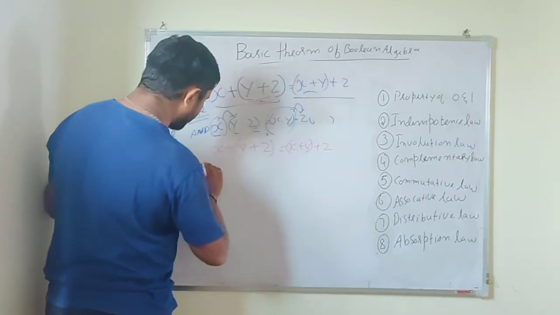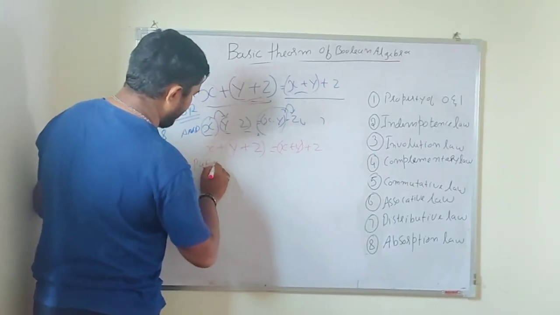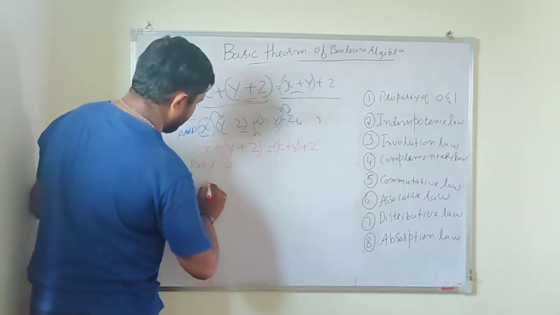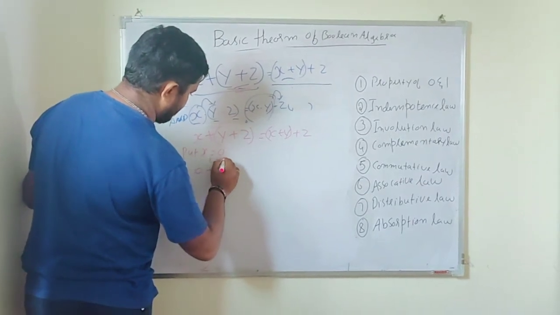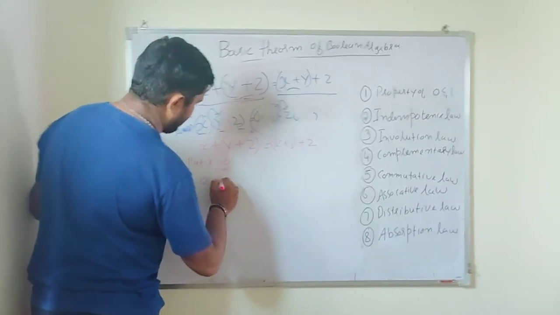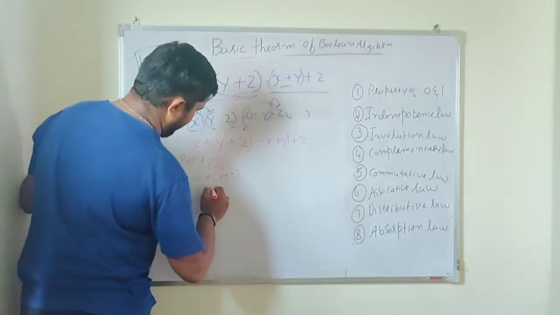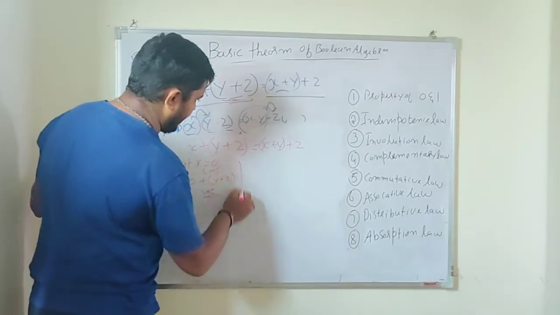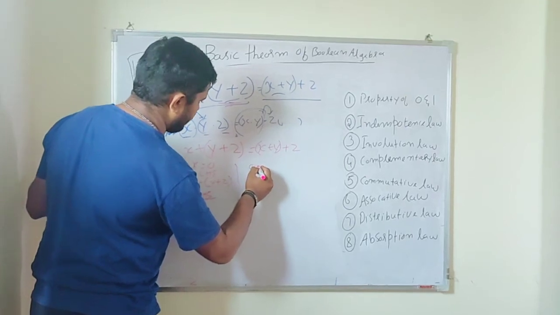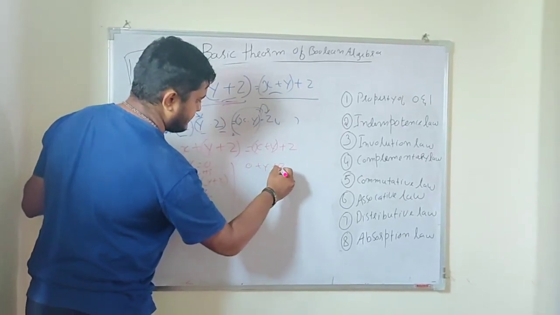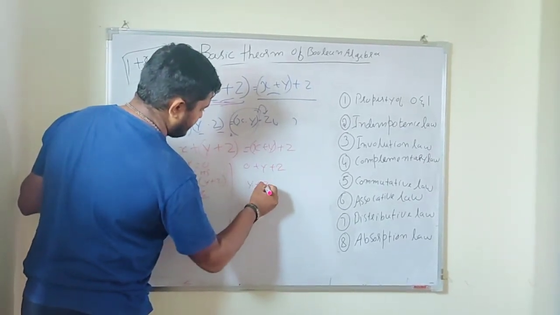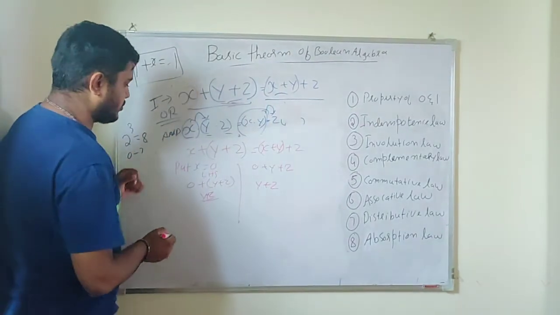So now put x is equal to 0. So 0 plus LHS. So 0 plus y plus z. So y plus z. Now RHS, put x is equal to 0 plus y plus z. So y plus z. So this is how you are going to show them.